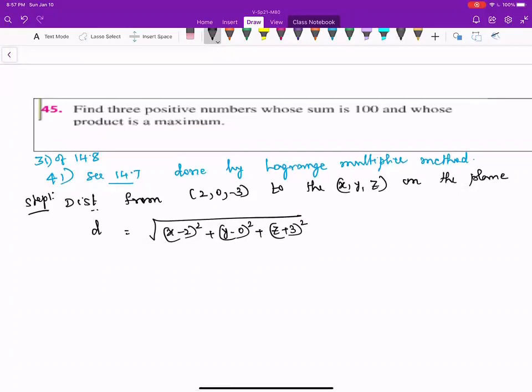The objective function is the one that you want to minimize or maximize, because the question is to find the shortest distance. The shortest distance translates to minimizing the objective function.